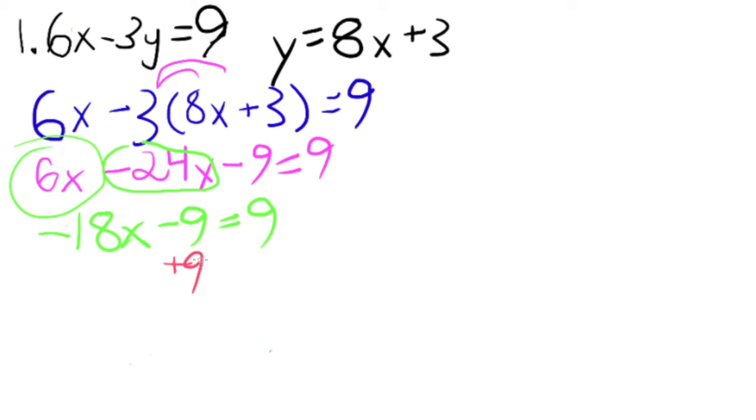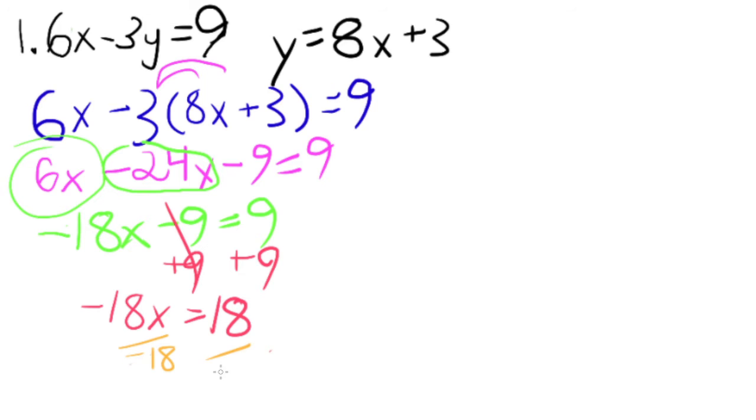So we're just going to add 9 to both sides, and this cancels out, leaving us with negative 18x equals 18. And the last step in finding the x is just to divide both sides by negative 18. And that'll give you your x value. So in this case, x equals negative 1.